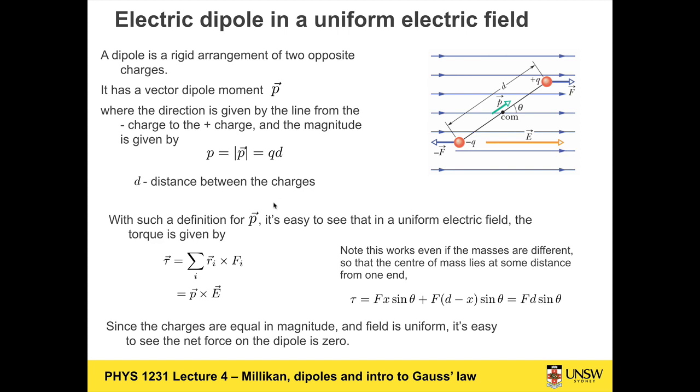Well, it's easy to see for this definition of dipole moment p, then in a uniform electric field, for example, as drawn in this diagram here, that we could actually work out the torque. You remember what torque is from Physics 1A, and using this definition, it's very easy to show that the torque can be written very simply as this dipole moment p crossed with the electric field E.